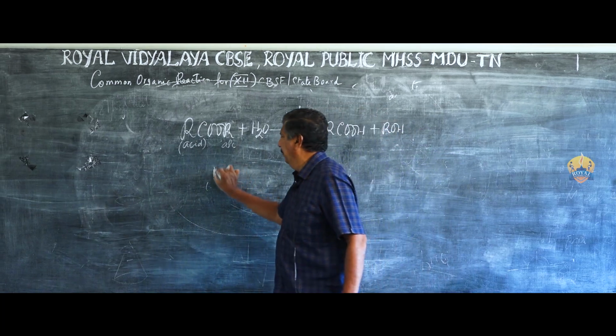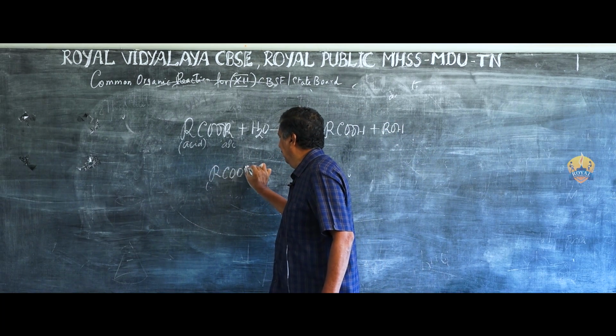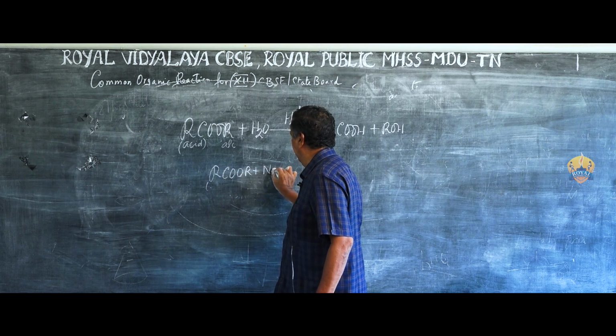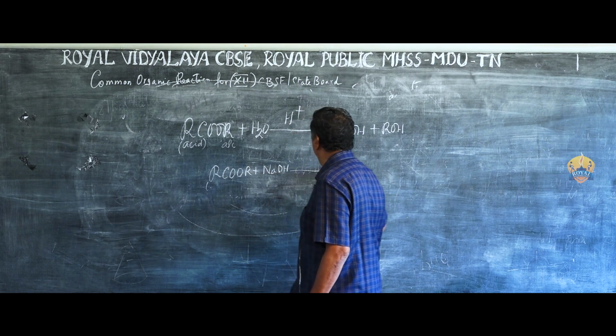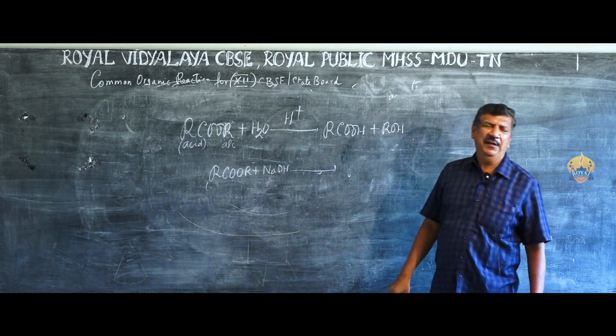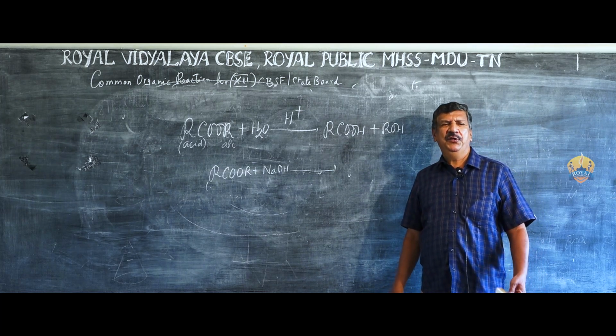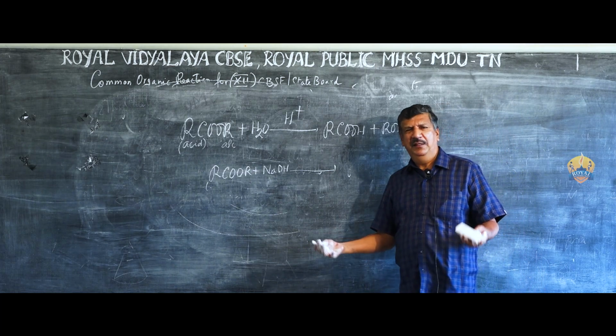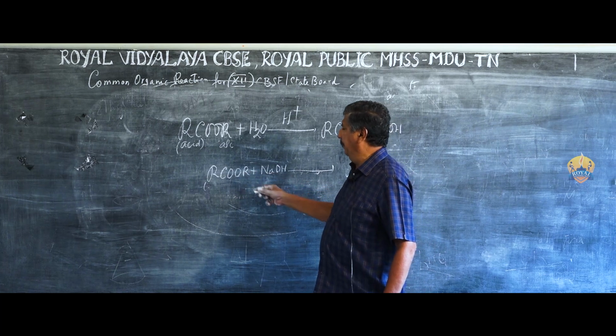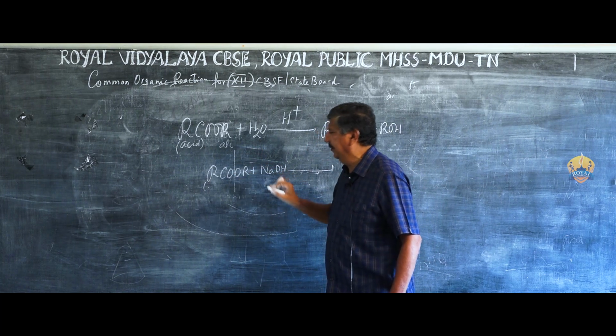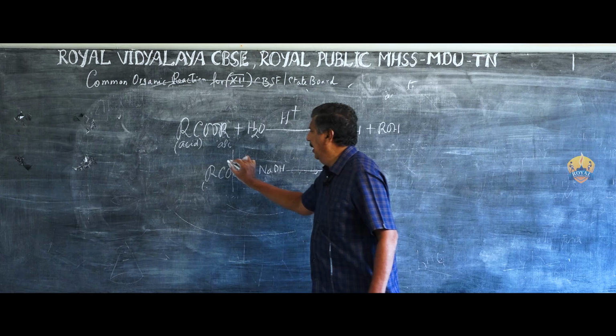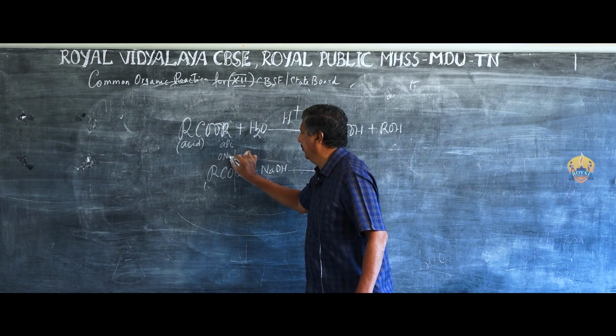Somebody will ask, with an alkali, sir, what should we do? And that is a new one. Okay, I will tell you. When they ask with an alkali, you cut the ester here and you just imagine like this.